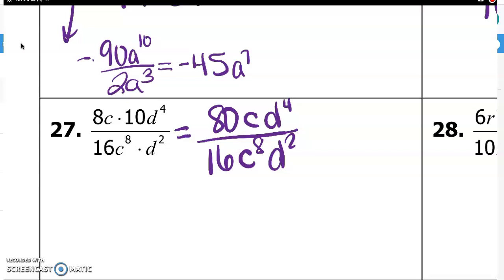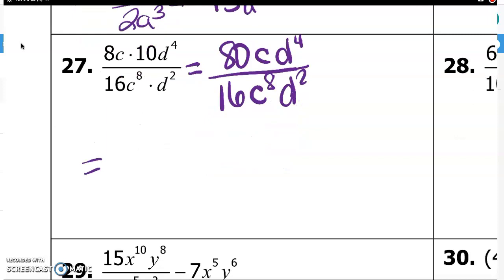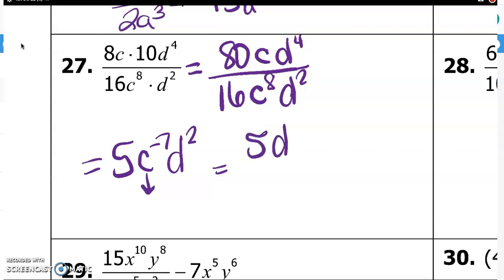So I would prefer just to have one big set of terms like that, and then do my division. So 80 divided by 16 gives me 5. When I subtract, that gives me c to the negative 7 and d to the second. So then your c needs to go down. So 5d squared over c to the 7th.